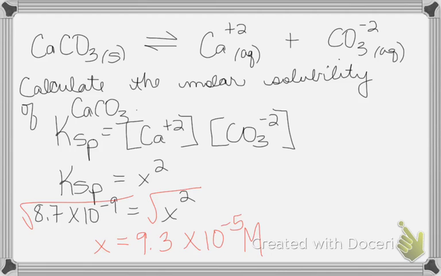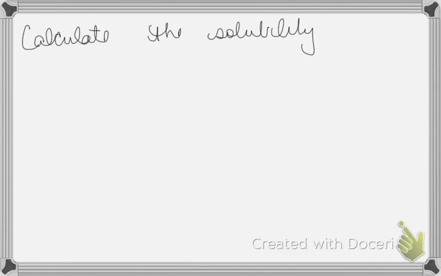So, you can be asked for a molar solubility, which is this. Molar solubility means the molar concentration. But guys, sometimes a problem won't say calculate the molar solubility. It might just say calculate the solubility of calcium carbonate, for example, since that's the one we just worked.